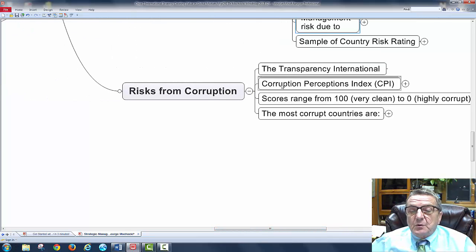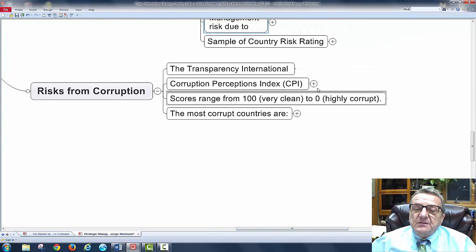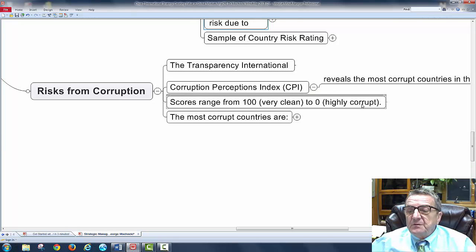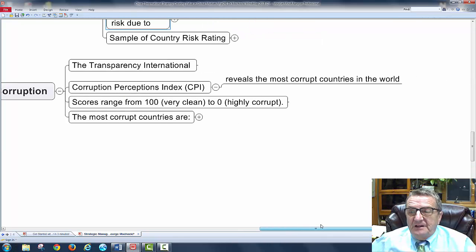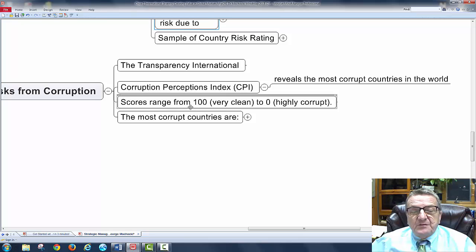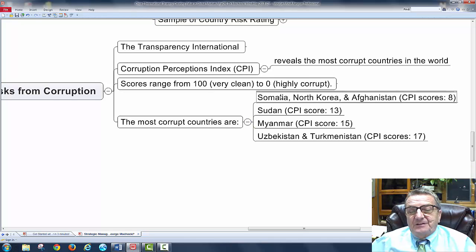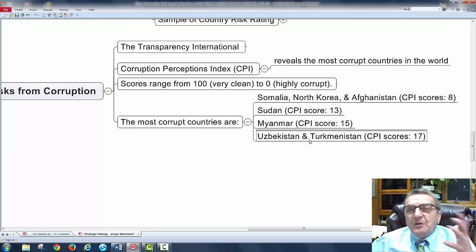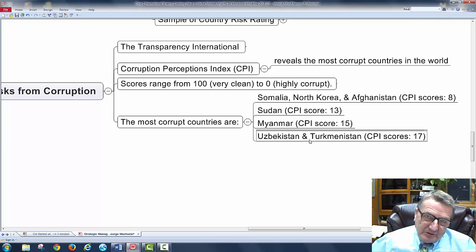Transparency International Corruption Perception Index. Now, if you look, there's an index. All this index basically reveals is the most corrupt countries in the world, and scores range from 0, highly corrupt, to 100, very clean. The most corrupt countries in the world: Somalia, North Korea, Afghanistan, Sudan, Myanmar, and countries in Europe around the Russian area.